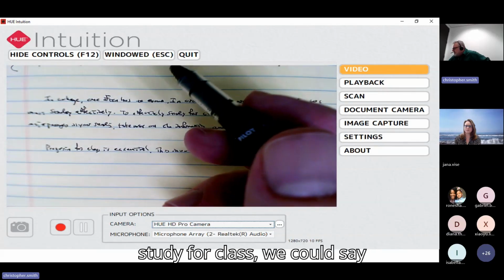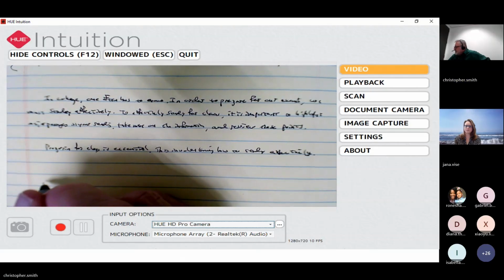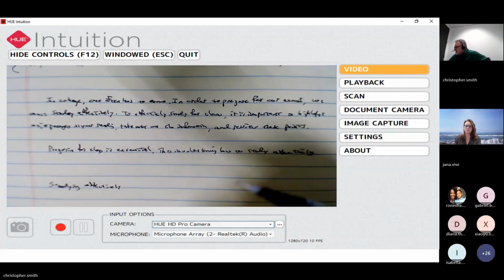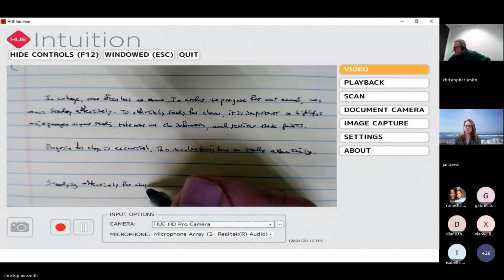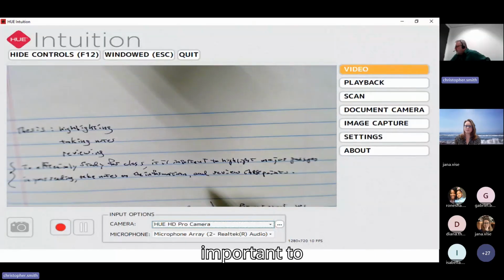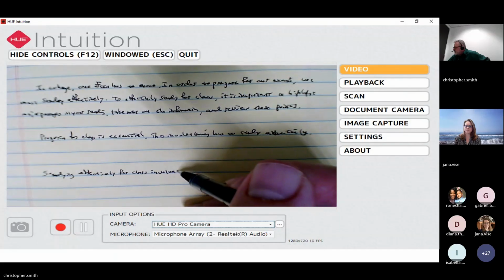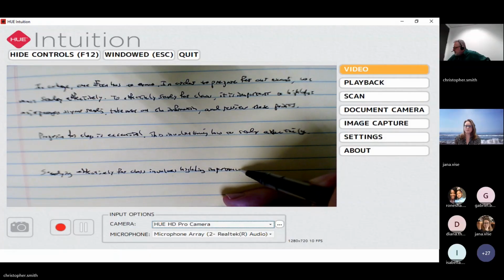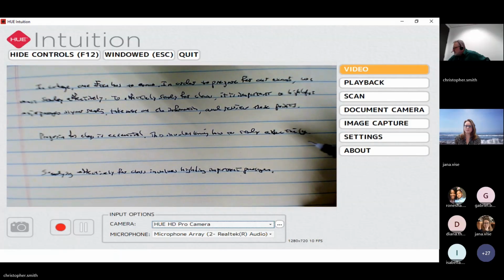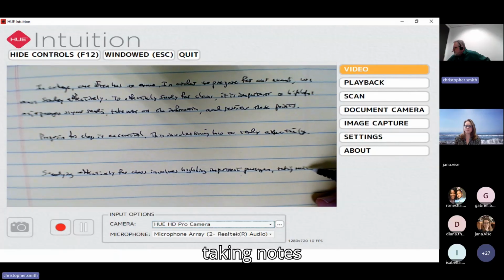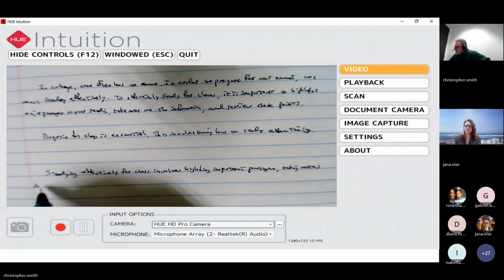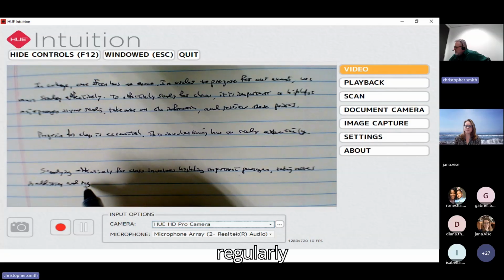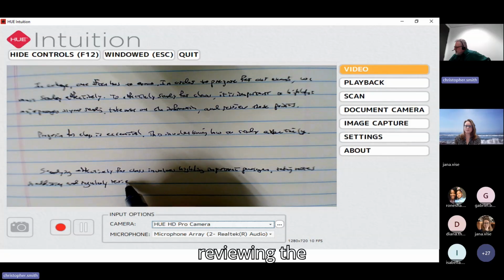We could just say, instead of to effectively study for class, we could say, studying effectively for class involves, instead of it is important to, involves highlighting important passages, taking notes in addition, and regularly reviewing the material.